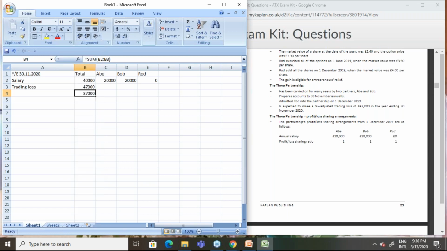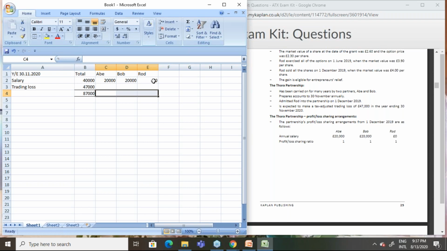The total loss is 87,000. Now this 87,000 loss, you have to share between the three partners according to the profit sharing ratio. So you have a 47,000 loss. On top of that, you have to pay salaries of 40,000 to two partners.